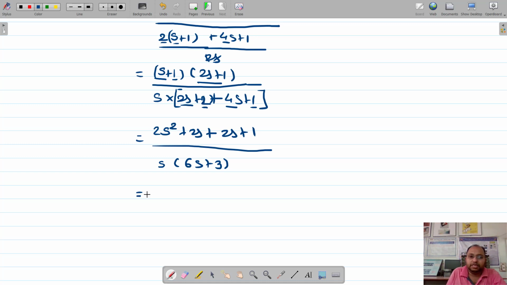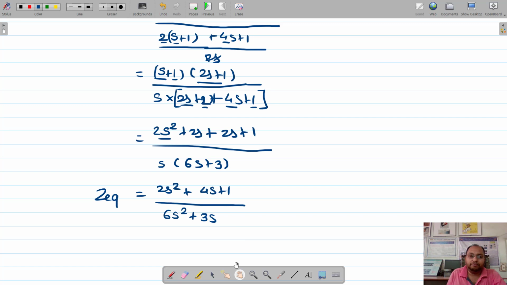So simplify this one. So 2s square plus 4s plus 1 divided by 6s square plus 3s. So this is our Z equivalent 1, right?